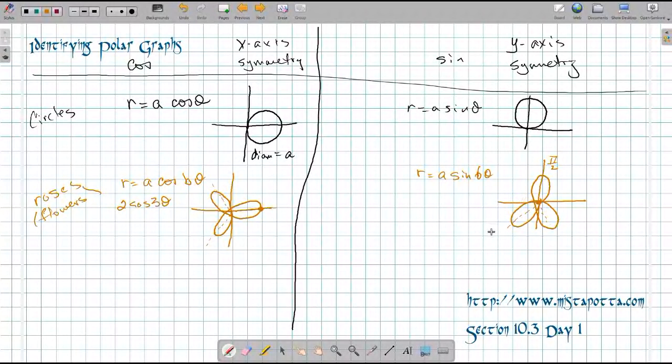So this is going to end up being at 210 degrees, which is 7 pi over 6, and this is going to be at 11 pi over 6. So I see this symmetry here, but keep in mind that I'm going to have an odd number of petals if b is odd.